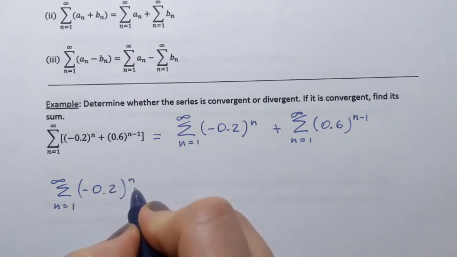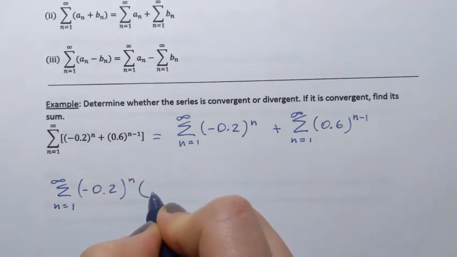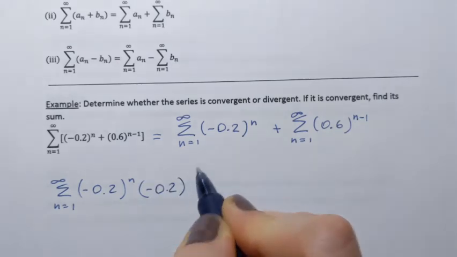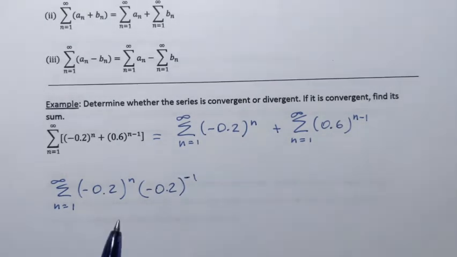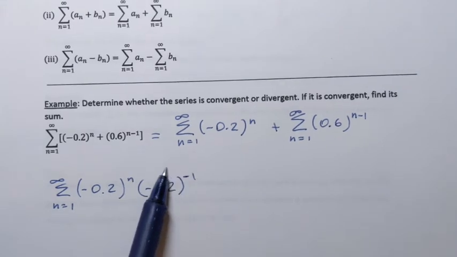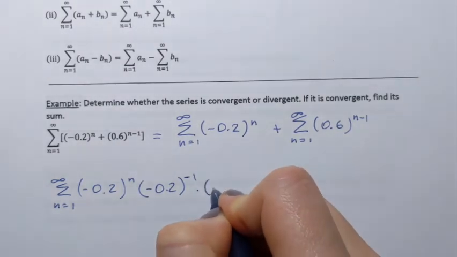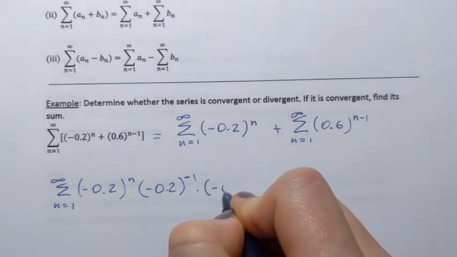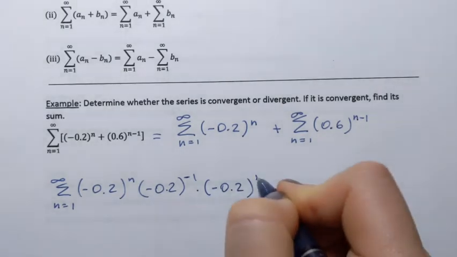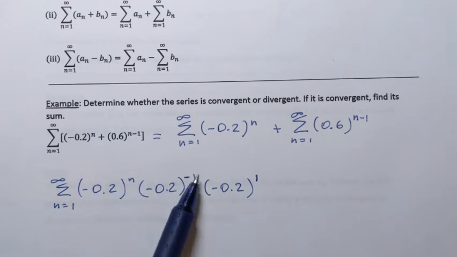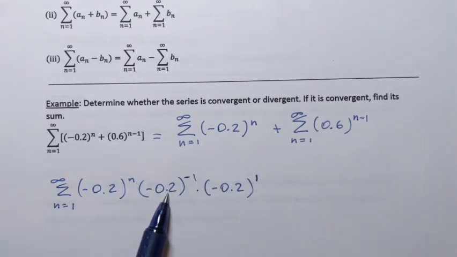So to create power n minus 1, I'll multiply by negative 0.2 to the power negative 1. Now, if I combine them, I'll get power n minus 1, but what I just multiplied by, I have to cancel. So to cancel that, I have to multiply by another negative 0.2 to the power 1.